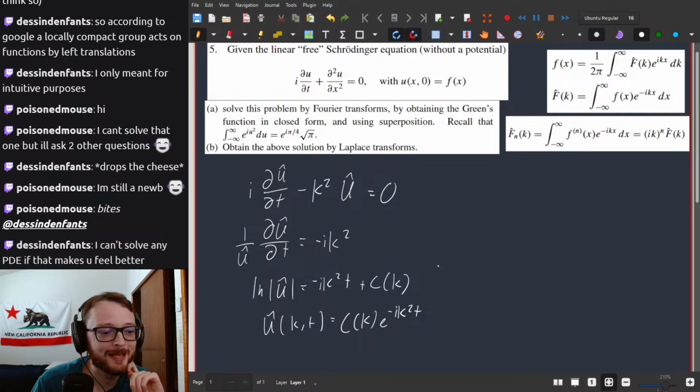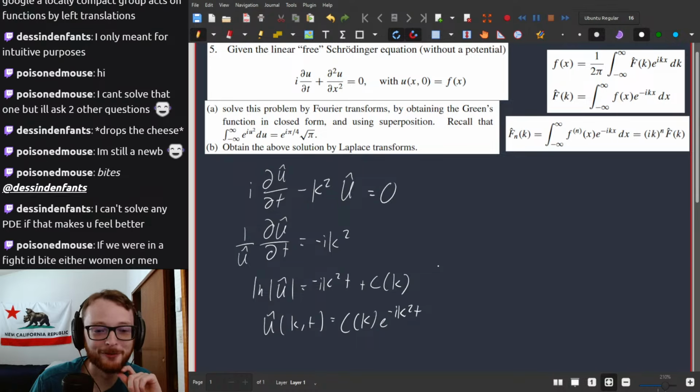You can't solve any PDEs. That does make me feel a little bit better, because I can't really even begin to understand the type of math that you like, Desson. So I feel better that I just have my thing that you might not understand. If you get in a fight, your move is to bite? I feel like that's not a very practical fighting method.